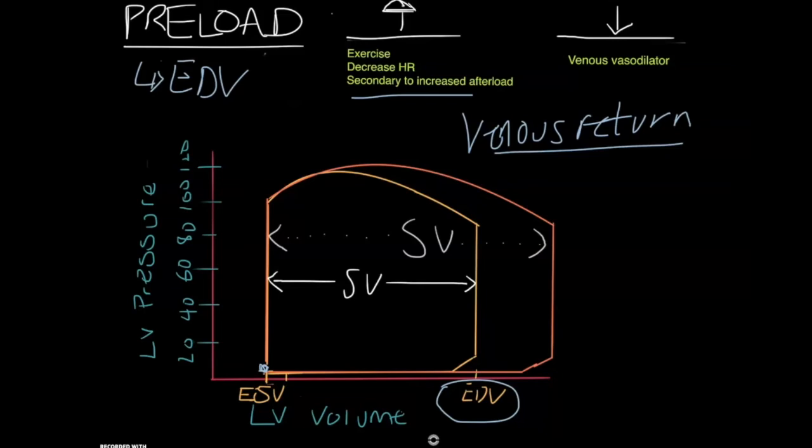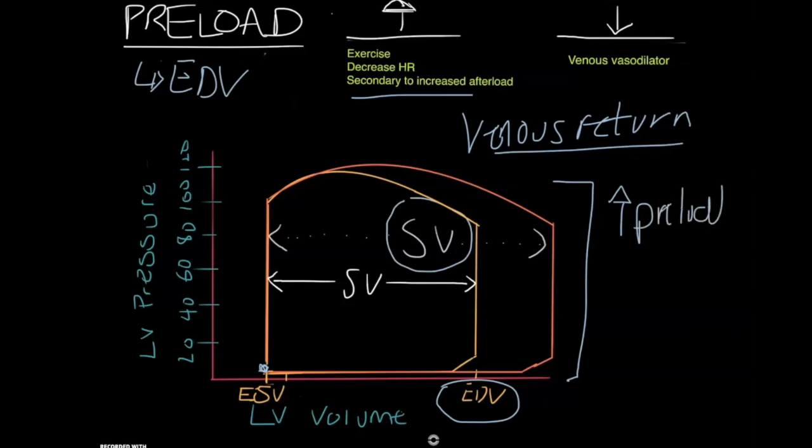The example that I have here on our slide is an example of an increase in end diastolic volume. When you increase that preload, all things remaining constant, you're able to pump out a greater volume of blood as a result, giving you a higher stroke volume. So increased preload equals increased stroke volume due to an increase in your end diastolic volume.